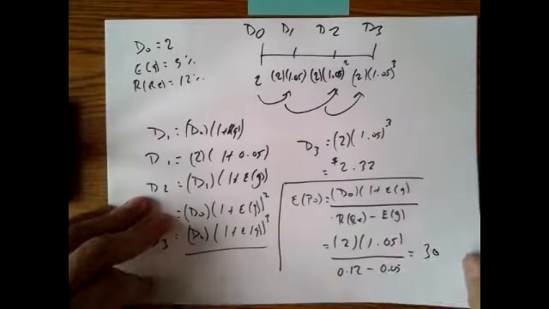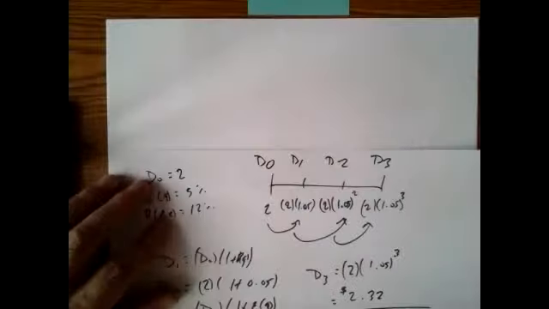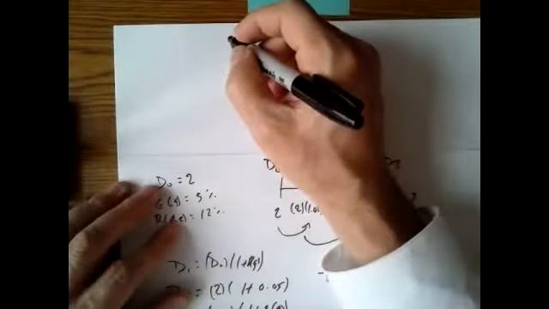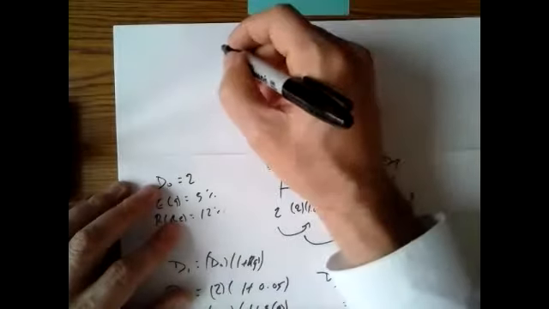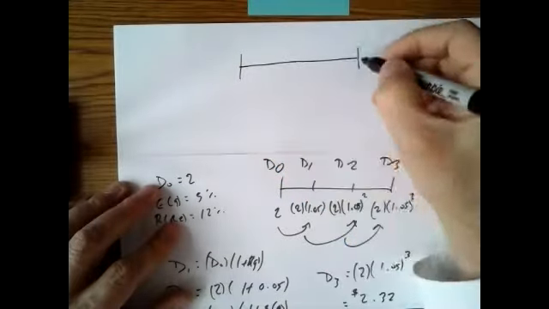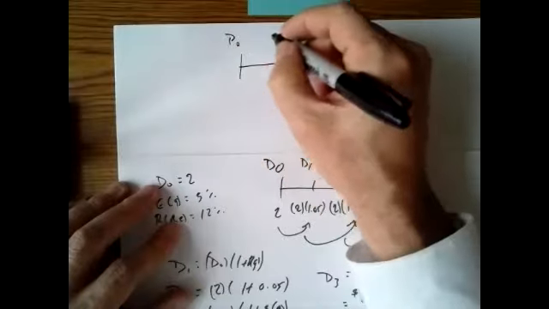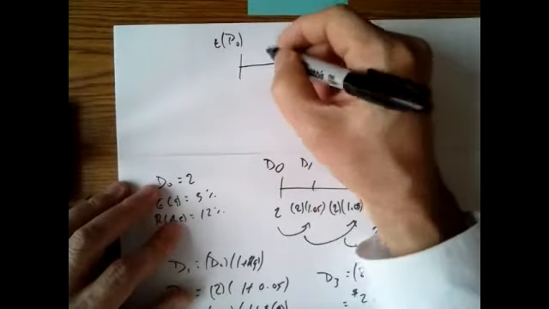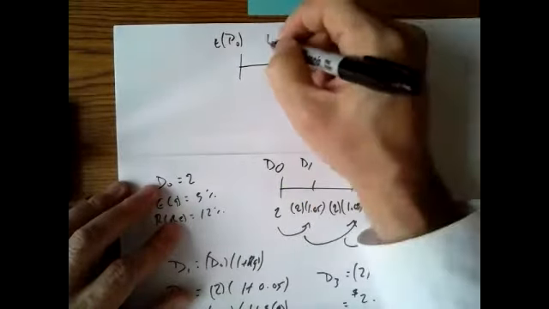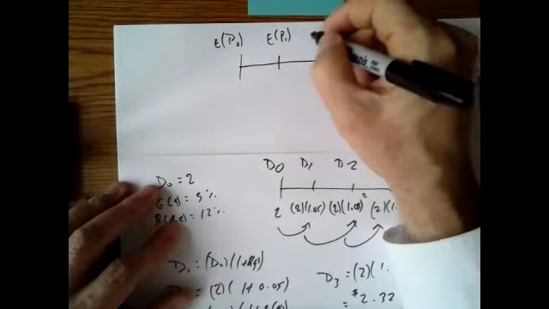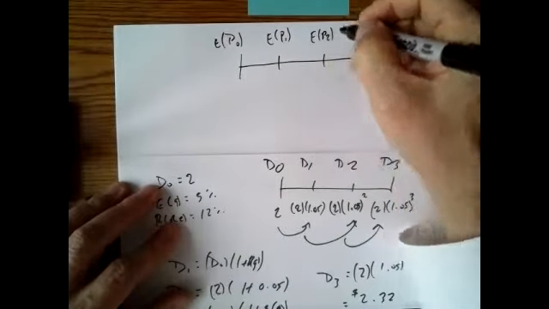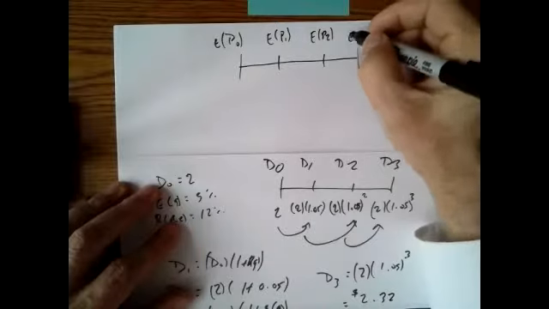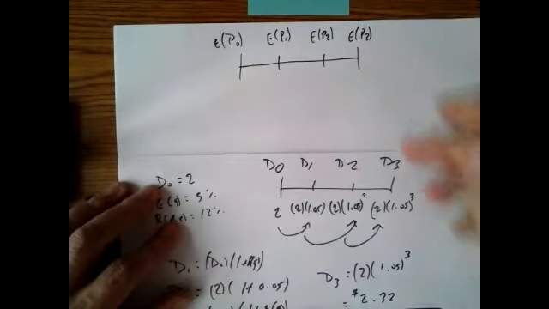So let's carry this through: P0, EP1, EP2, and EP3.